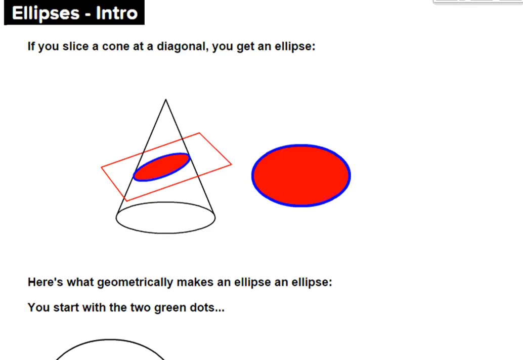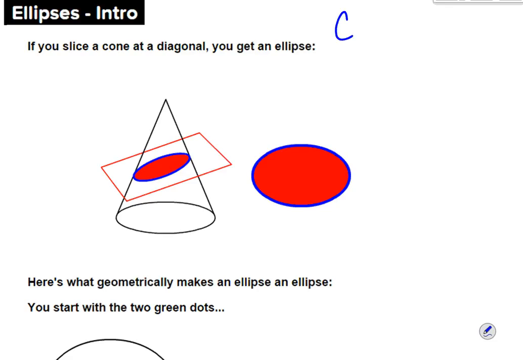Now if you slice the cone, instead of parallel to the base, at a bit of a diagonal, do you agree you get an oval shape instead? That would be an oval slice, and that's actually called an ellipse. Have you done any work with ellipses? I don't feel like you have.